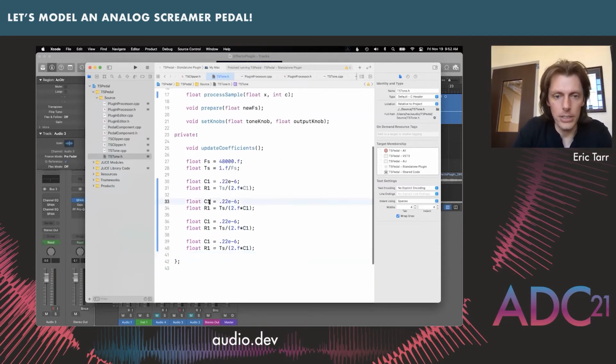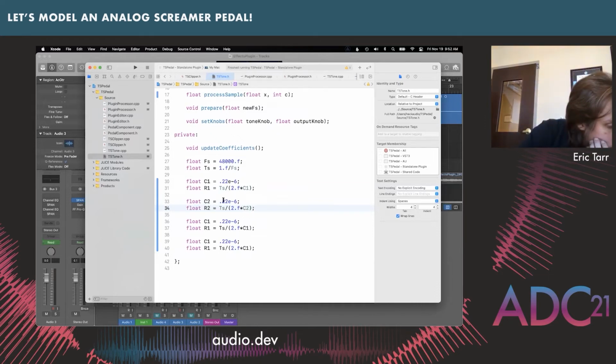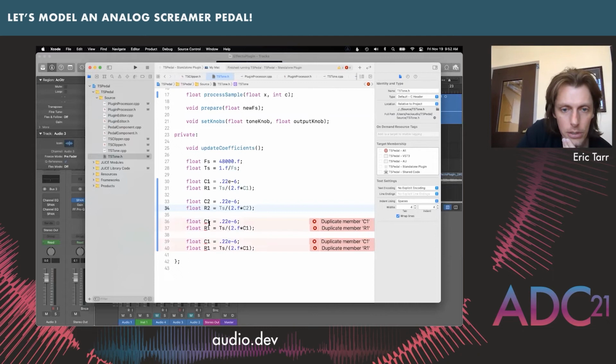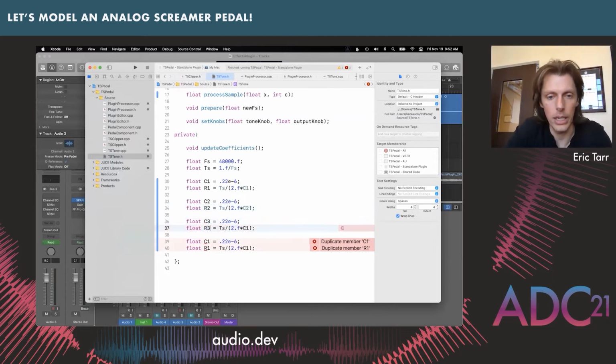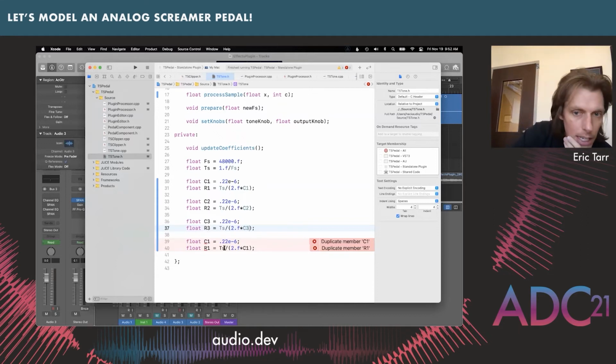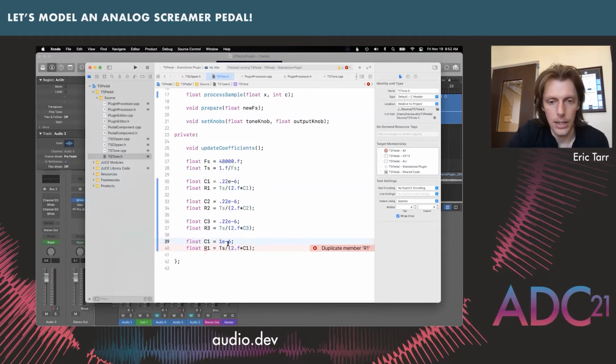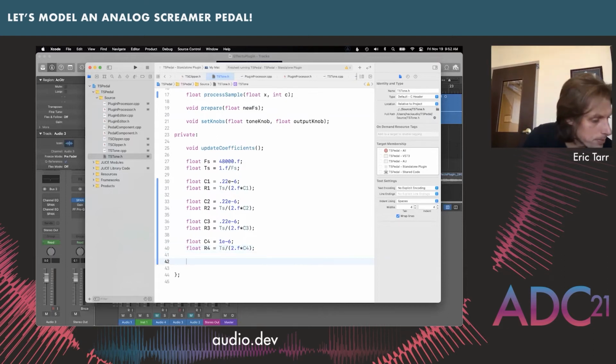So we have C2 and R2, which has a value of 0.22 as well. This one is the third one. And our last one is different. It's 1 microfarad, that should be C4. And this is an equation that comes from the decay method for how you can substitute the resistor.